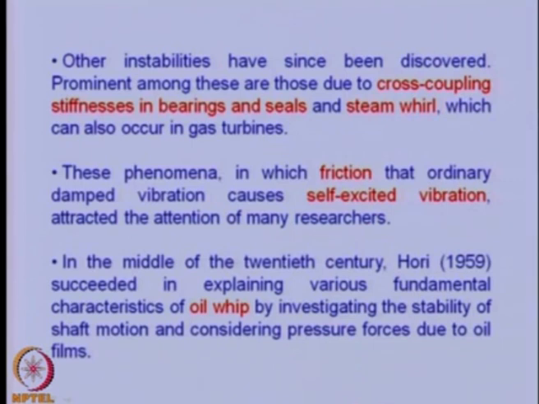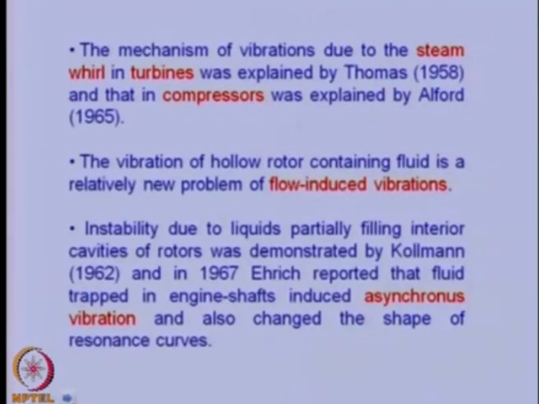In the middle of the 20th century, Hori in 1959 succeeded in explaining various fundamental characteristics of oil whip by investigating the stability of shaft motion and considering pressure forces due to oil films. The mechanism of vibrations due to steam whirl in turbines was explained by Thomas in 1958, and that in compressors was explained by Alford in 1965.